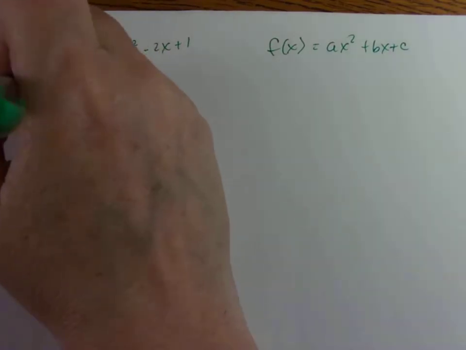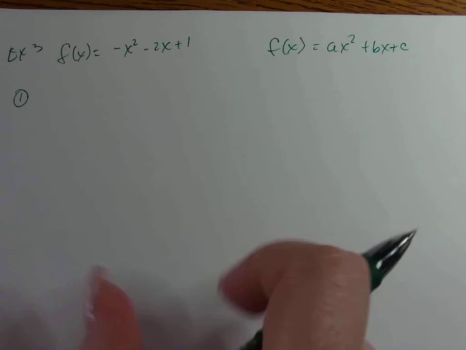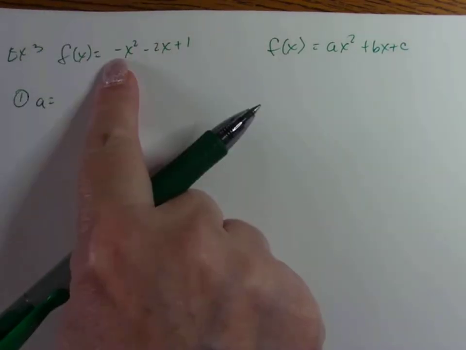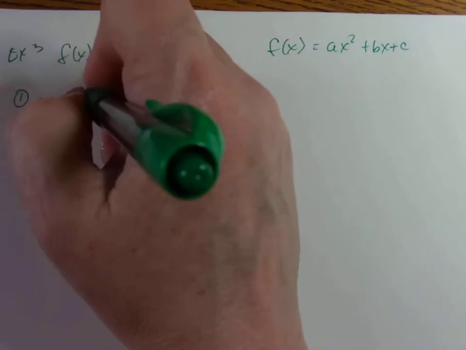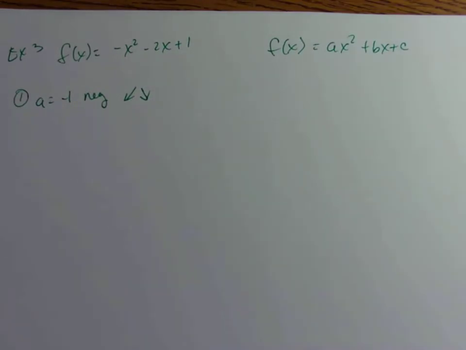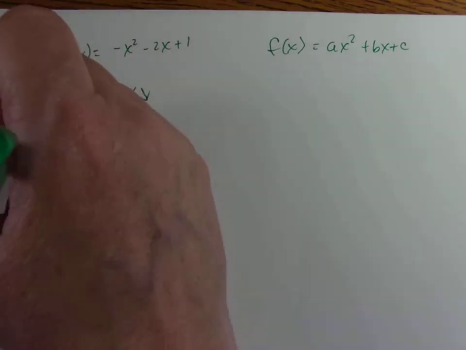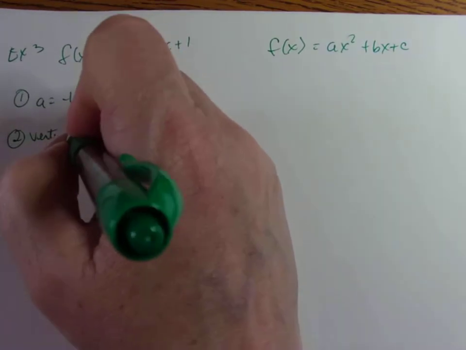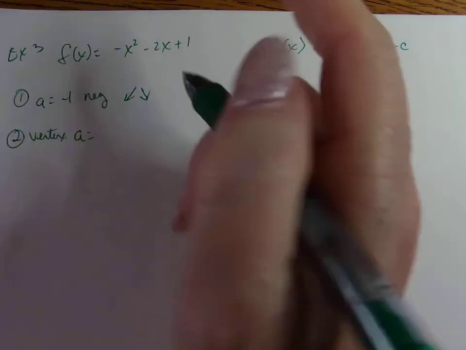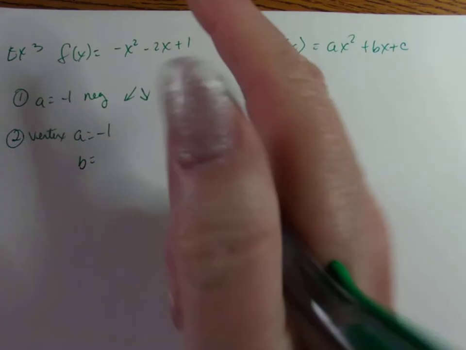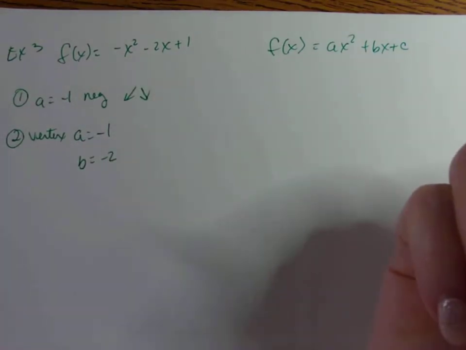We're going to start the same and figure out, does it open up or does it open down? So our a in this case is still at the beginning. It's a -1, which tells us it's negative, which tells us that the graph will open down. Now to find our vertex, the first thing we need to know is a is equal to, we've already found that, -1, and our b is our second value at -2 in front of the x.